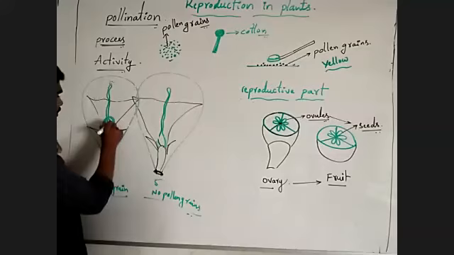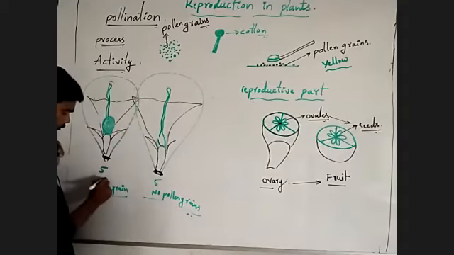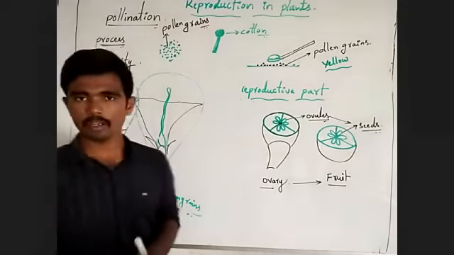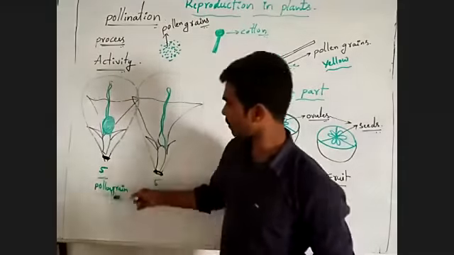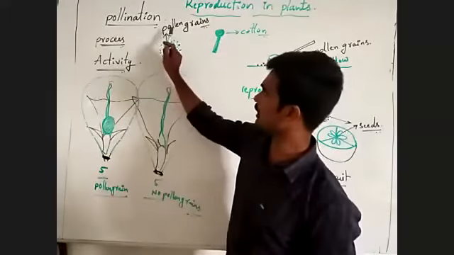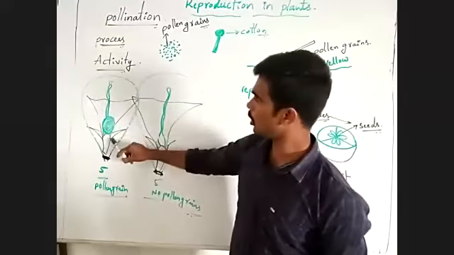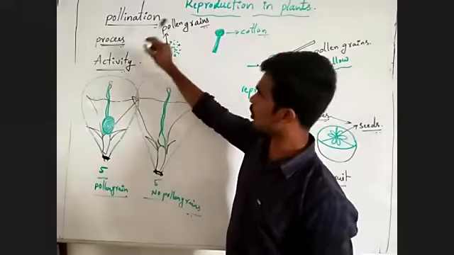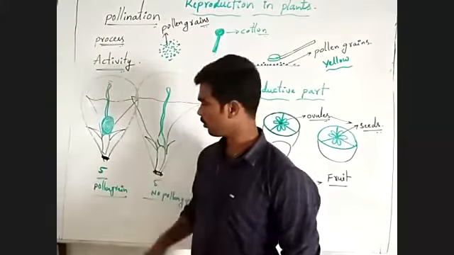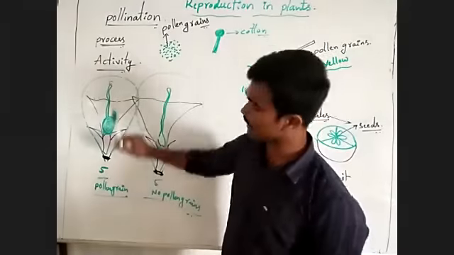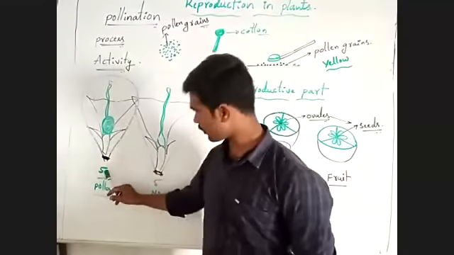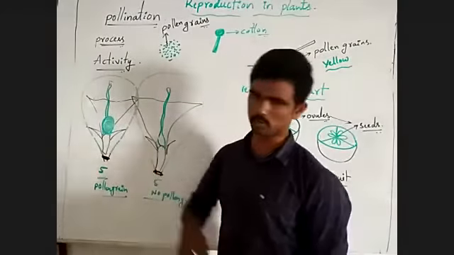You can observe fruits in 5 flowers. In five flowers, listen carefully here, where pollen grains were added, in those flowers we can observe fruits.